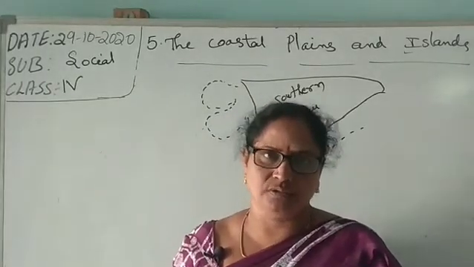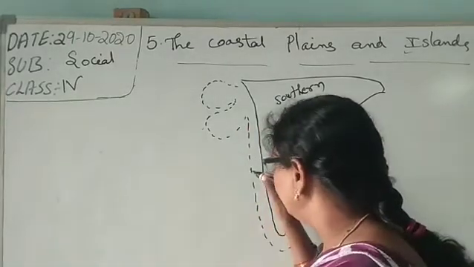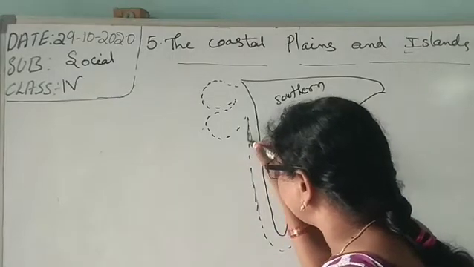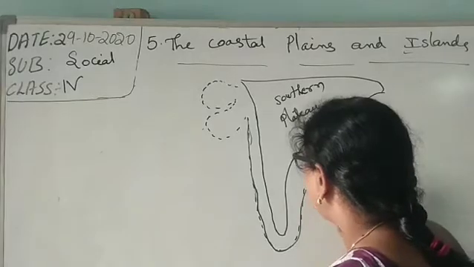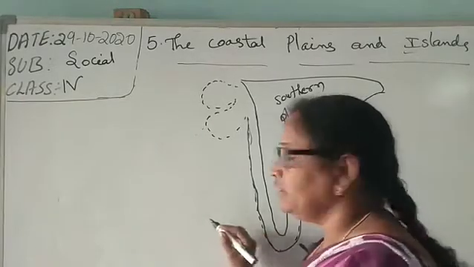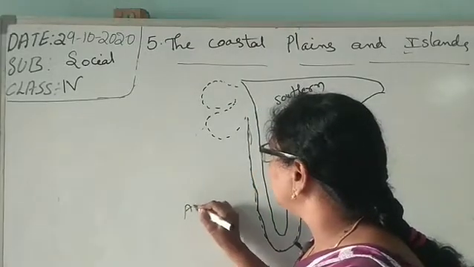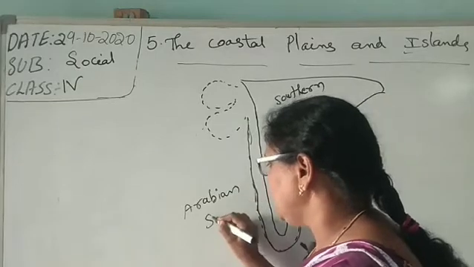What is a coast? Here it is the land, India's border. And where the land and sea meet? Here it is the Arabian Sea.